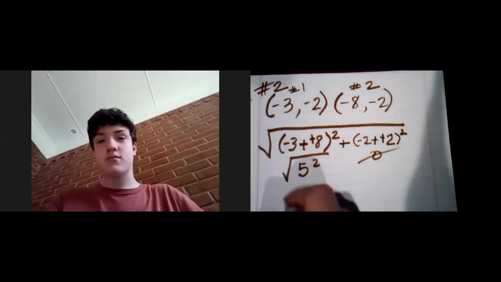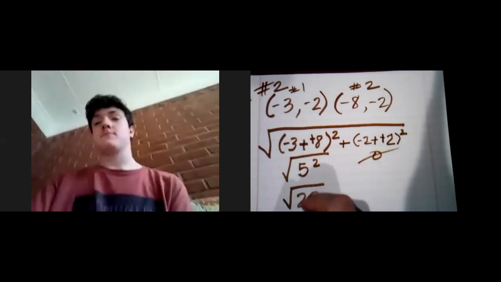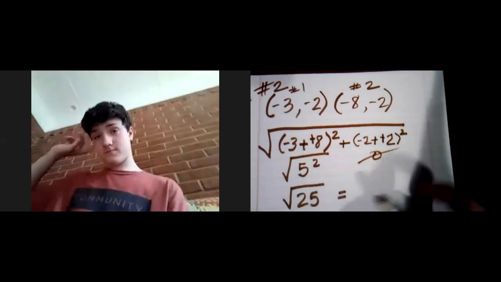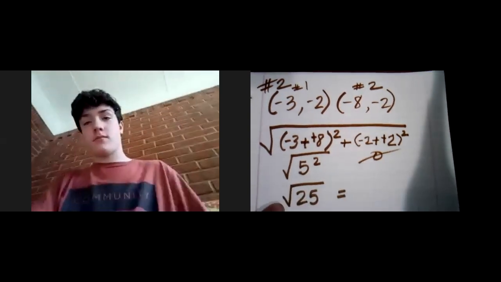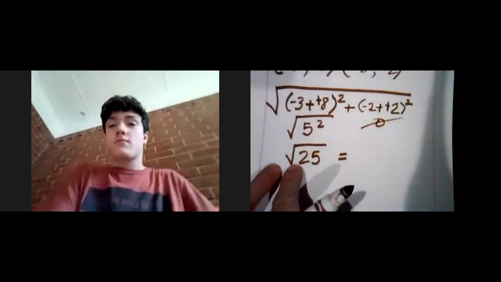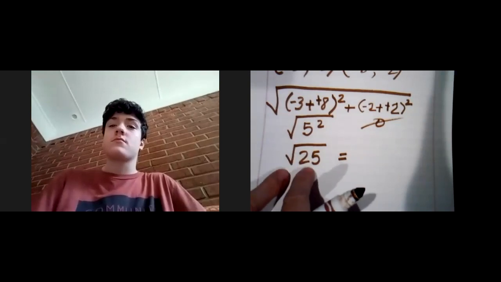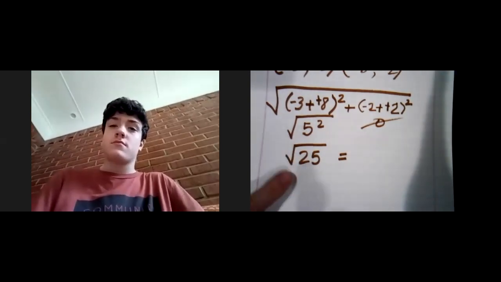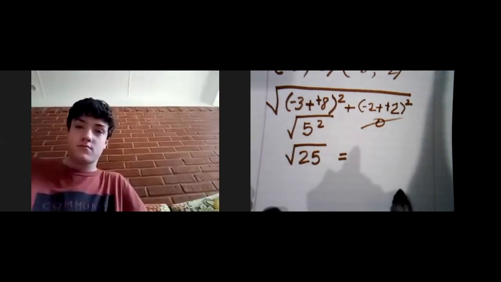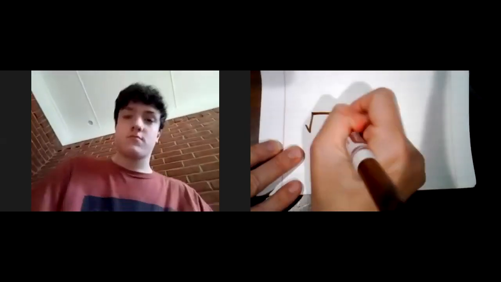Okay, some of y'all I'm seeing in your homework that you end up showing me this and then your answer is 25, but the square root of 25, no, I know what you're doing. This is what you're doing. I'm going to do it wrong and then I'm going to fix it, but I'm going to do it wrong down here because I want to make sure that y'all are fixing this.